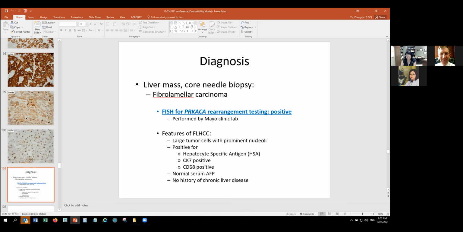So if you diagnose a regular hepatocellular carcinoma, you usually want to make sure there's no background liver disease. Compared to this specific variant, which usually does not have chronic liver disease, so you usually don't need to spend too much time working on the background liver disease. So we tried our best to differentiate fibrolamellar from conventional HCC.